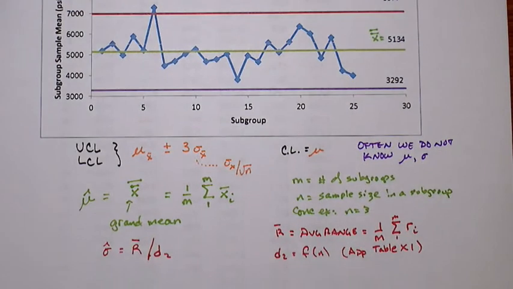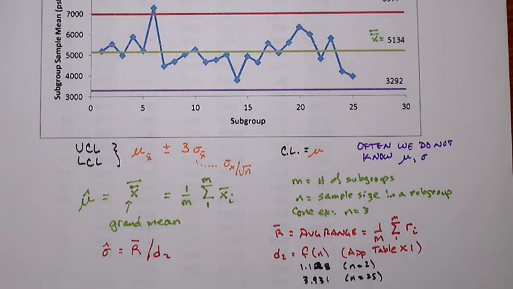That D2 value is going to be on the order of 1.128 for n equals 2 up to 3.931 for n equals 25. Unfortunately it's not a linear variation from 2 to 25, so you do have to go and look these up. That's where they're tabulated.